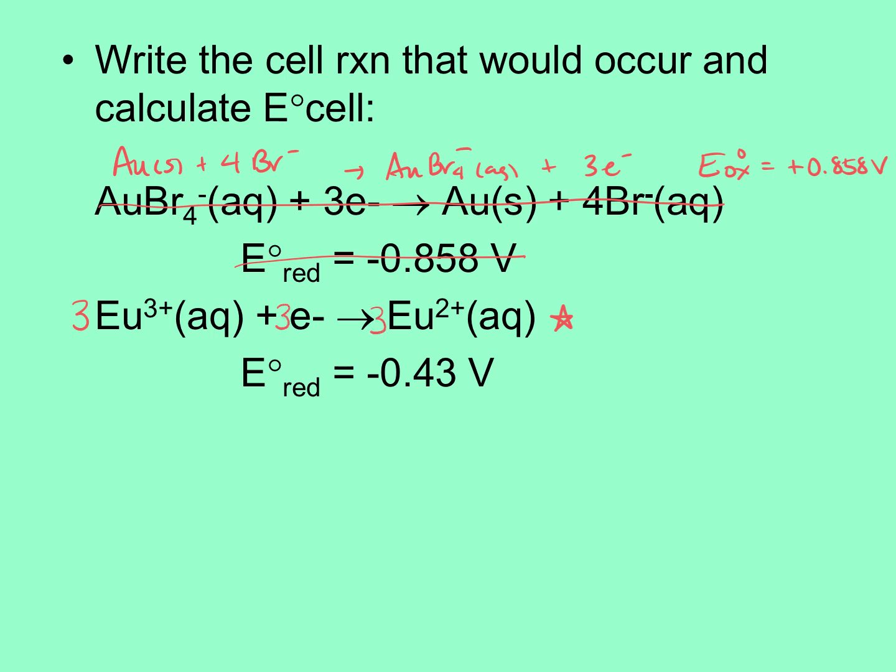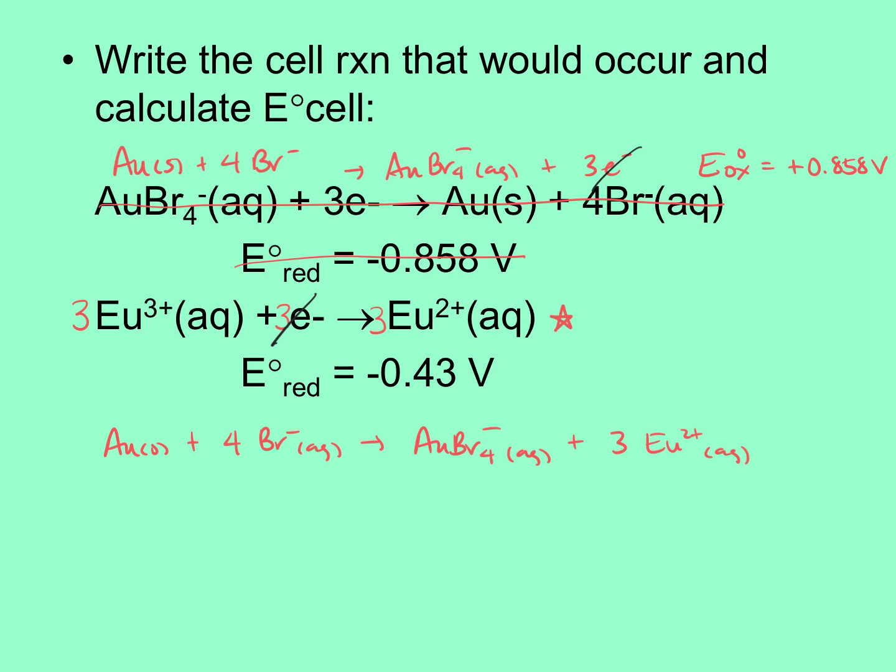That means you can now cross off the electrons on this side and this side to give you an overall equation of Au solid plus 4Br minus aqueous yields AuBr4 minus aqueous plus 3 Eu2+ aqueous.